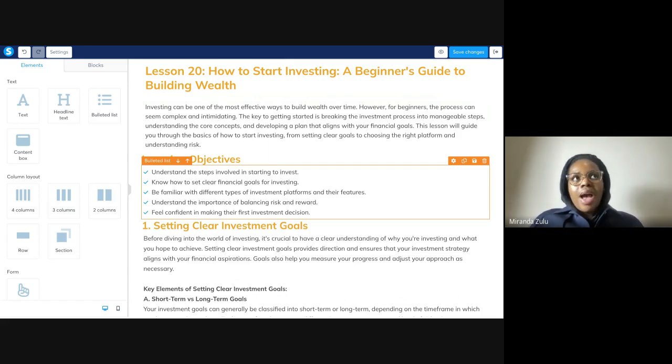You don't need to have in-depth knowledge and know everything from front to end, but it's good to have some understanding, especially if you're wanting to build an investment portfolio and invest for the long term. You want to know what you're investing in, why you are investing, and all of those important questions. So the first one would be to set investment goals.